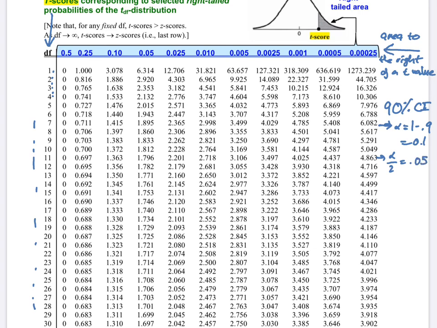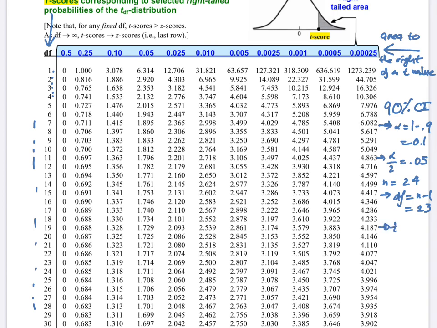Suppose we have a sample size of 24, which gives us a degree of freedom of n minus 1, which is 23.